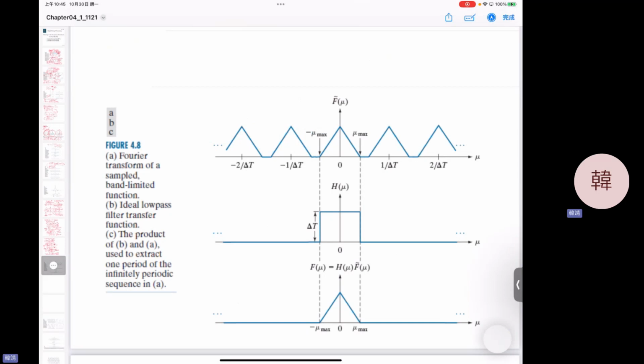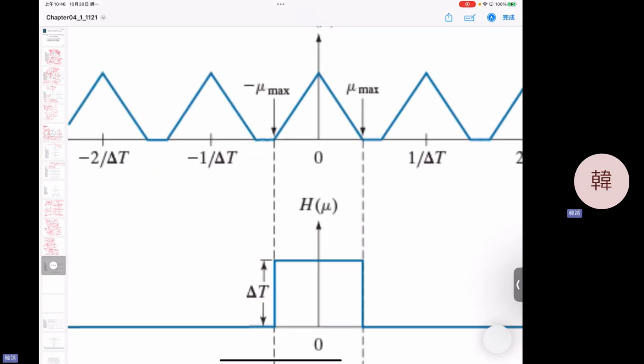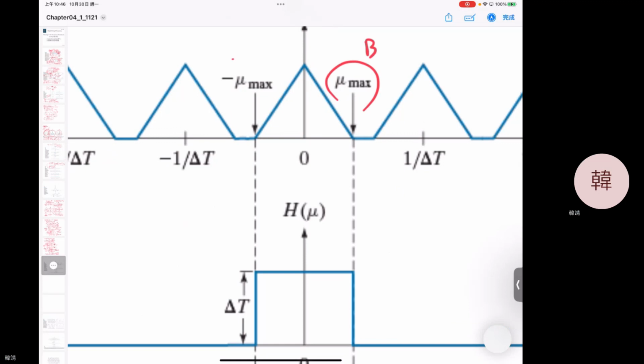So this is just like we mentioned: see your sampled signal, and look at the spectrum. It repeats, but your signal is only one copy, and mu max is your signal band, the highest frequency in your signal content. And how can you do that?